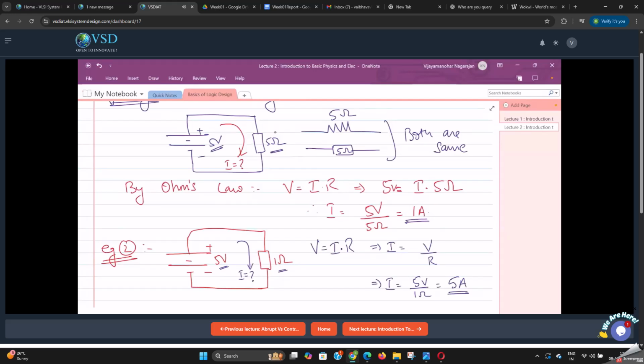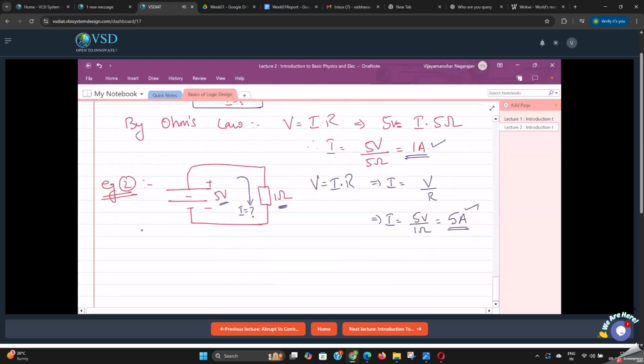If the resistance is 5 ohms, I got 1 ampere current. If the resistance is 1 ohm, I am getting 5 ampere current. That is, for same V, if R is small, I will be large.